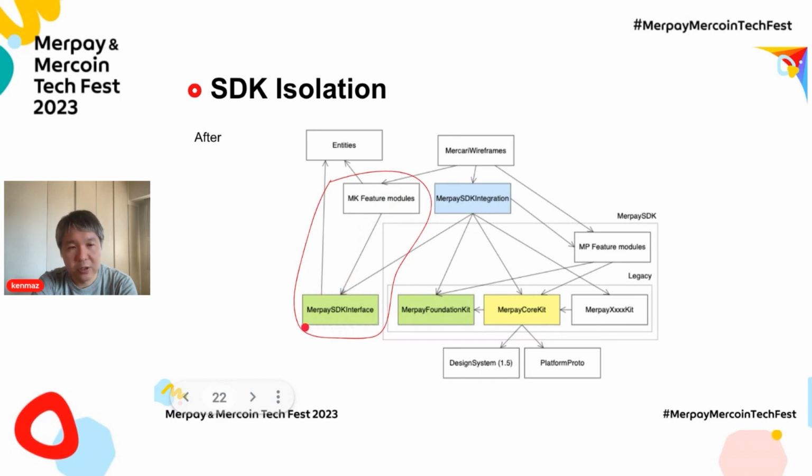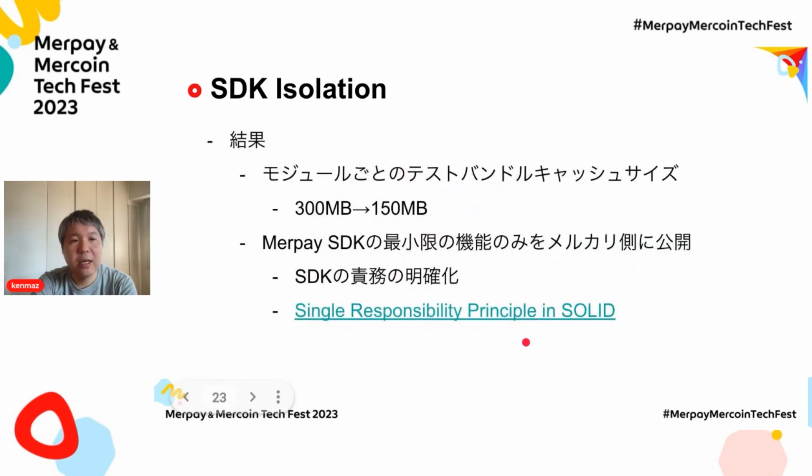And so the Mercari feature will only depend on the Merpay SDK interface. And by doing so, for the Mercari feature itself, only the lightweight protocol module will be a dependency, and we are able to conduct the unit test. And at the time of the application execution during runtime, the container will be injected, and the whole diagram will be used. And that was a structure change that we did.